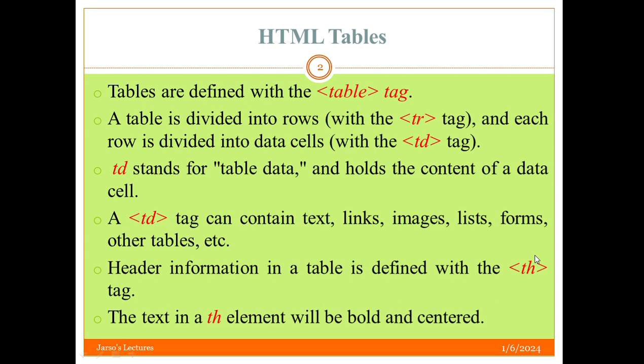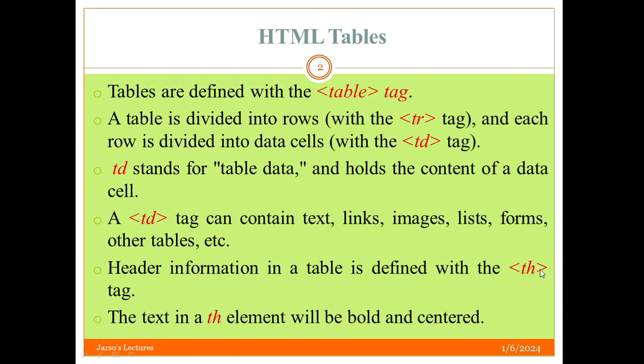Now let me repeat this. The table tag is used to define the table. A table is formed from rows, and those rows are defined by the tr tags. One row can have two or more columns, or column headers, or attributes. Those attributes can be inserted by the td tag, but to make them bolder than the other data, we use the th tag.